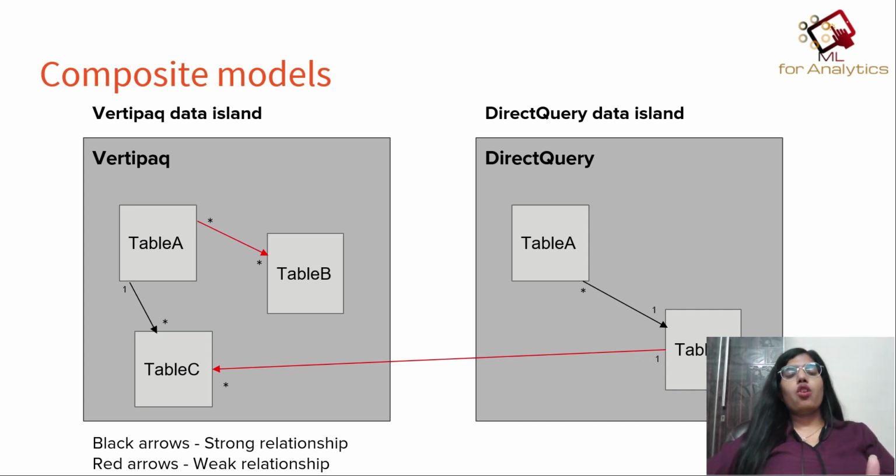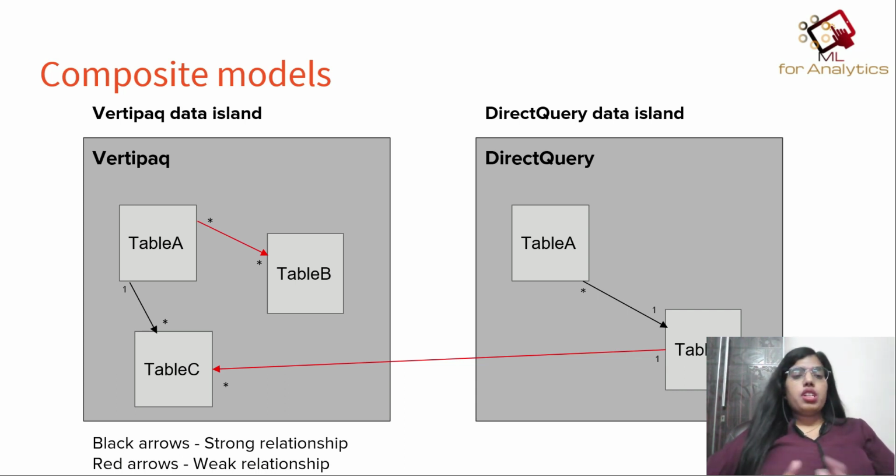As you can see over here, one of them is a VertiPaq data island. The other one is a DirectQuery data island. In the VertiPaq data island, I can see that three tables are there: table A, table B, and table C. In the DirectQuery data island, two tables are there.